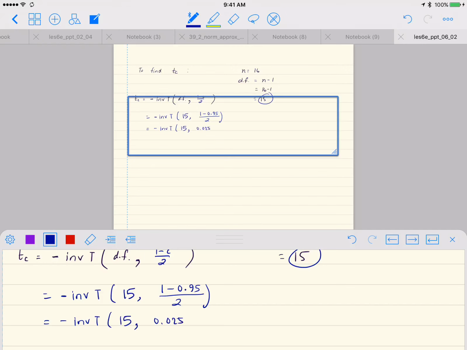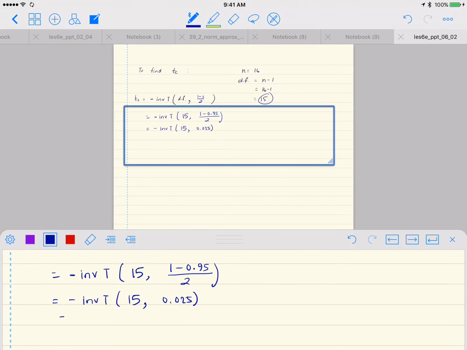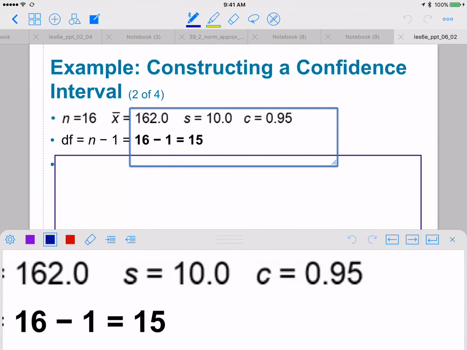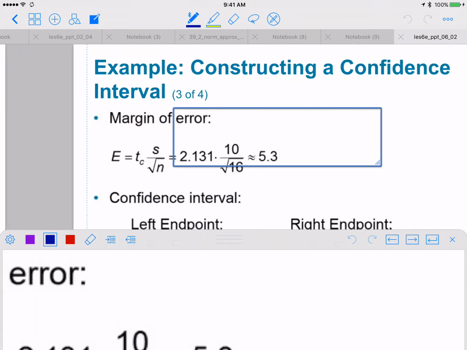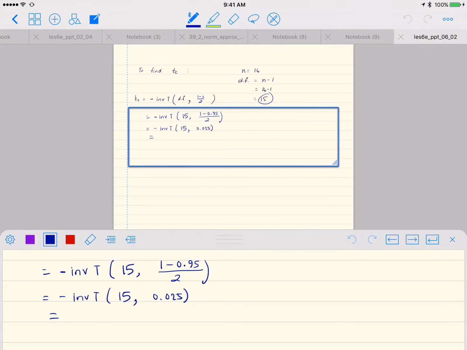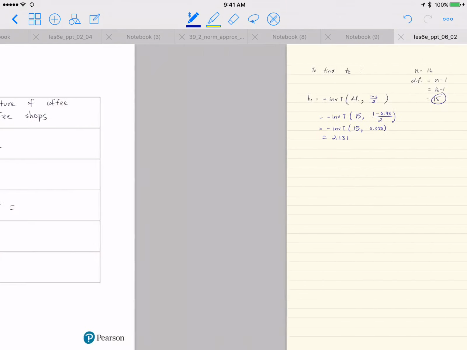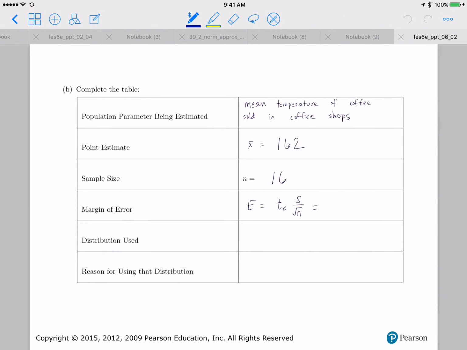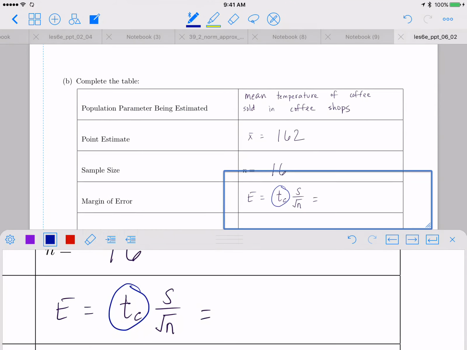And now we put it into the calculator, and what do we get? 2.131. Okay, so here for TC, I'm going to put in 2.131. Okay, and then I need my S.